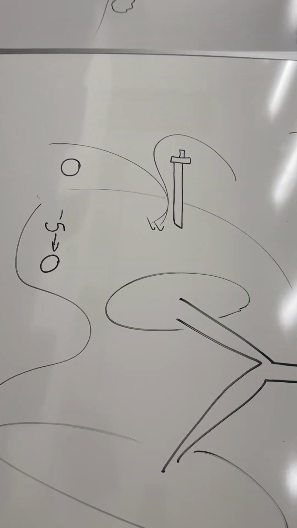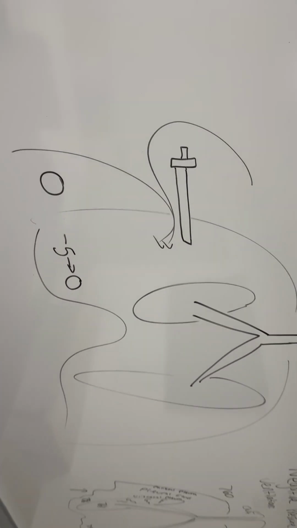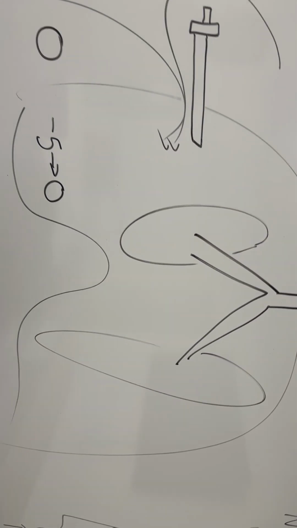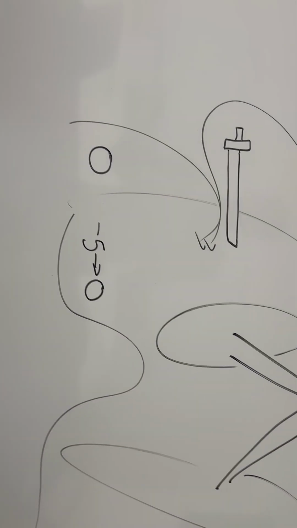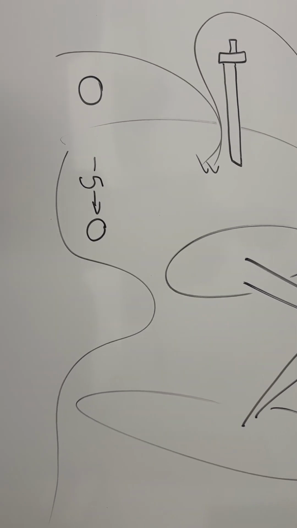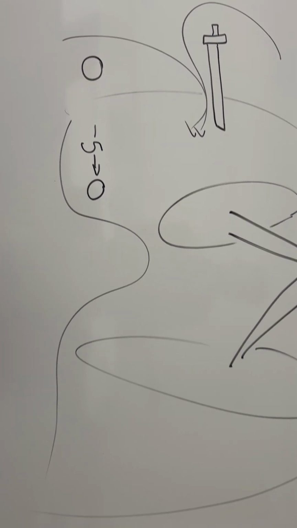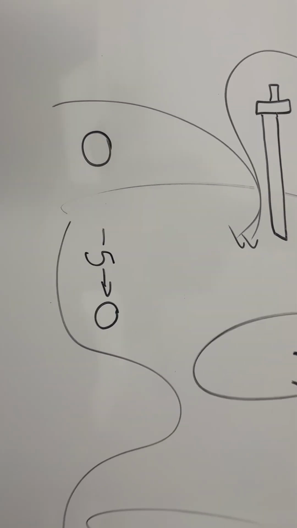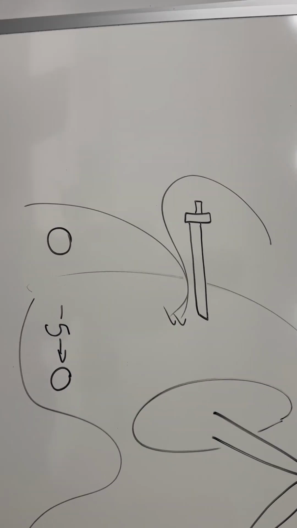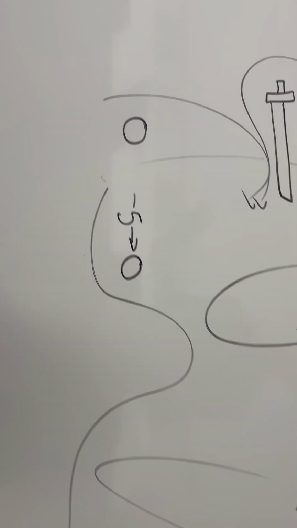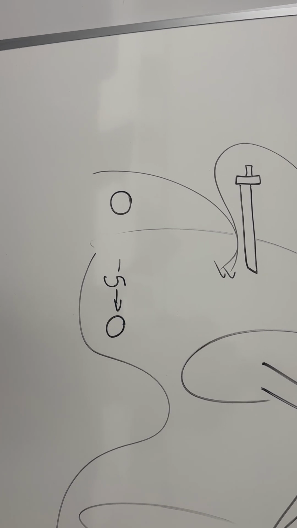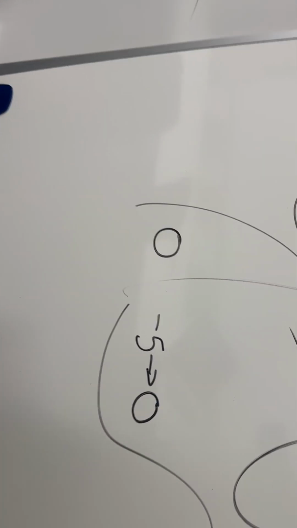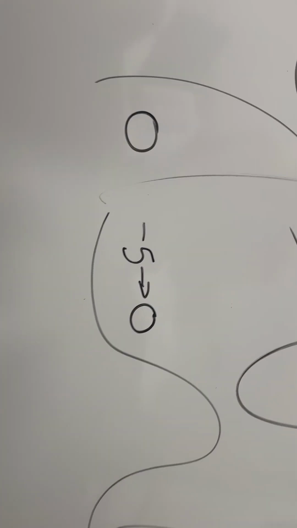And now we have something called a pneumothorax here. And this is where the negative pressure of the chest cavity is going to equalize with the atmospheric pressure, right? So our transpulmonary pressure, or our pressure that's inside the thoracic cavity, is always negative. But if we have something such as a puncture wound into the chest, then the pressure is going to equalize. So we see that 0 is bigger than -5.